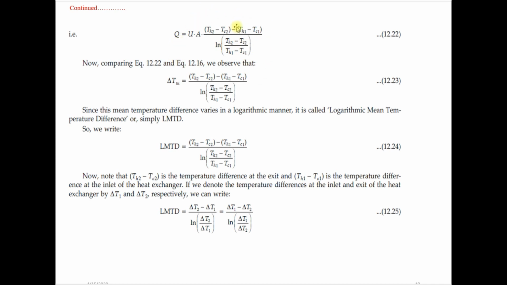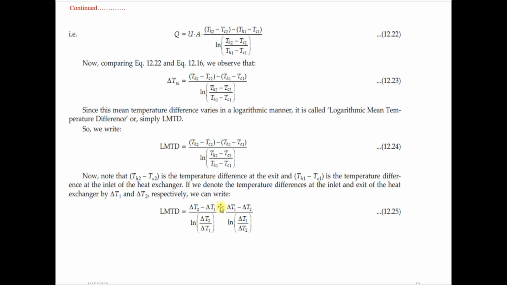Just observe the diagram: Th2 minus Tc2 is nothing but delta T2, and Th1 minus Tc1 is nothing but delta T1. Finally, they have written this equation. This is called the LMTD equation for parallel flow heat exchanger.